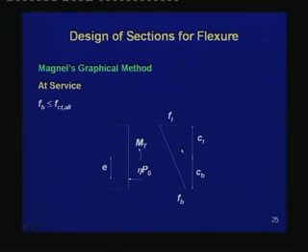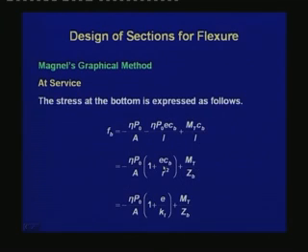The fourth stress condition is that the bottom stress at service should be less than the allowable tensile stress at service. We are seeing the forces that are acting, which are eta P0, the effective prestress, and the total moment, and we are calculating the bottom stress.